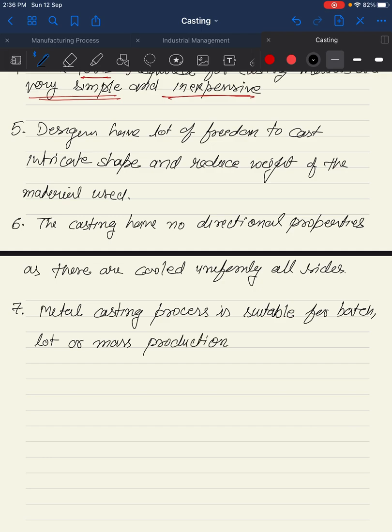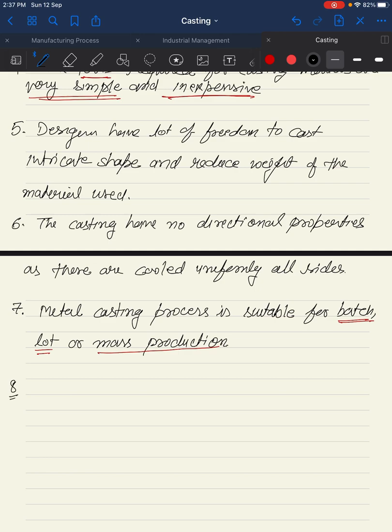Okay, these are the methods of production. Whether we adopt batch production, lot production or mass production, it will suit all the processes. So we don't have a constraint or limitation regarding this.